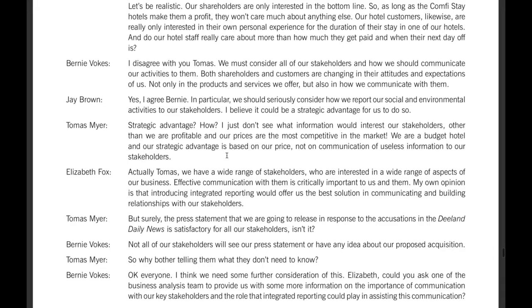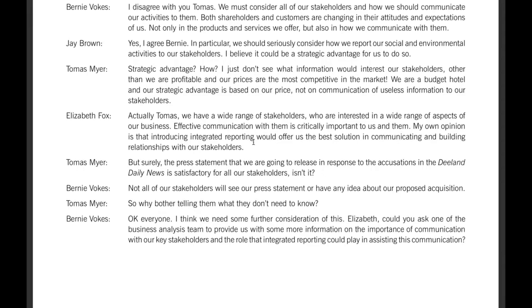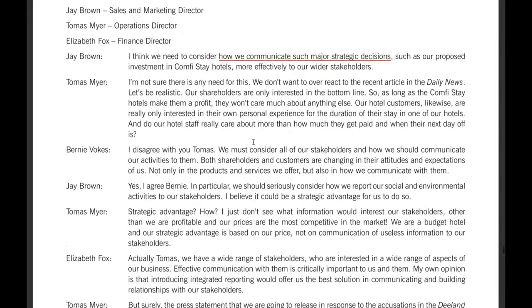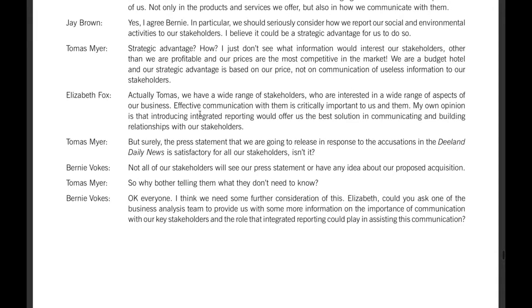Thomas keeps on disagreeing and asking about the strategic advantage because he doesn't see what information would interest the stakeholders. But Elizabeth, who is the finance director, is talking about this particular integrated reporting.